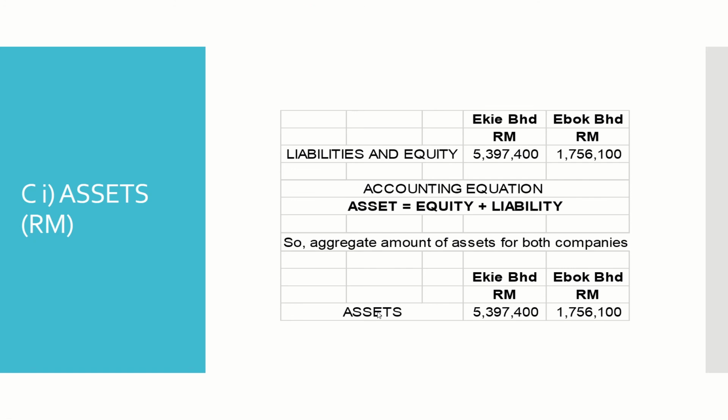Again, the asset of Iki Berhad and Ibu Berhad is equal to the amount of liability and equity. So this information is given in the question, in the key figures.